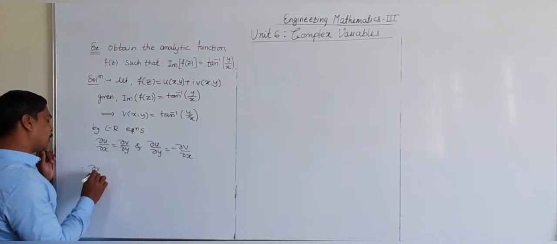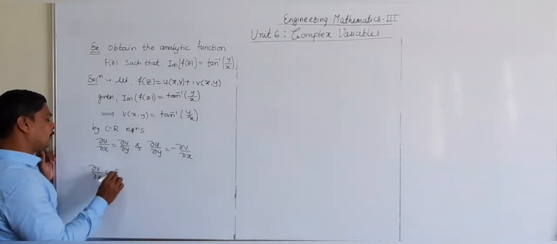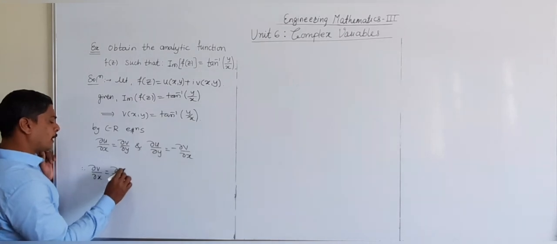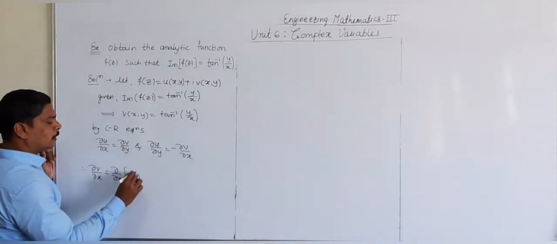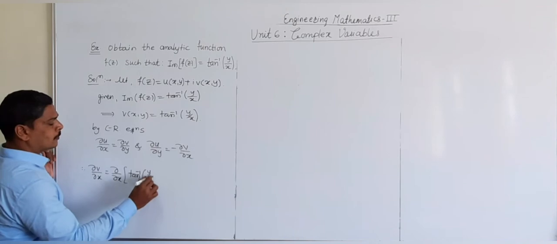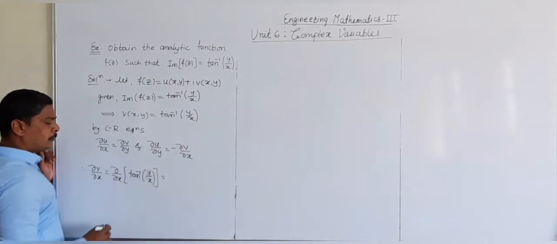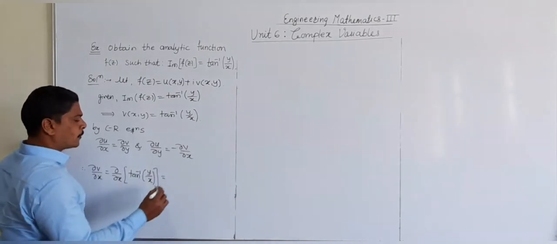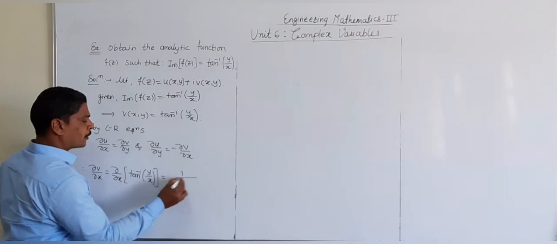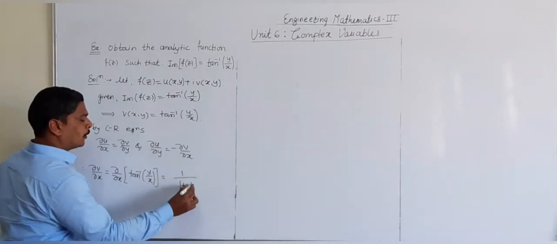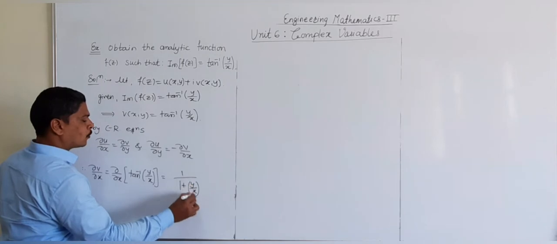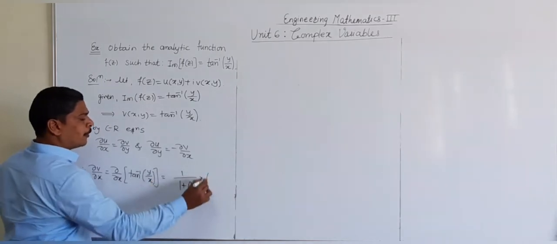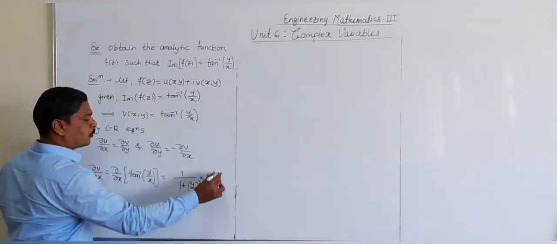So therefore the partial derivative of phi with respect to x becomes the partial derivative with respect to x of tan inverse y upon x. And we know that the derivative of tan inverse of y upon x with respect to x becomes 1 upon 1 plus (y upon x) square into the derivative of y upon x with respect to x.